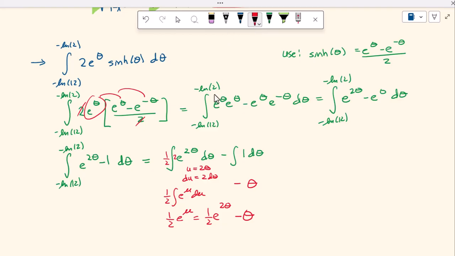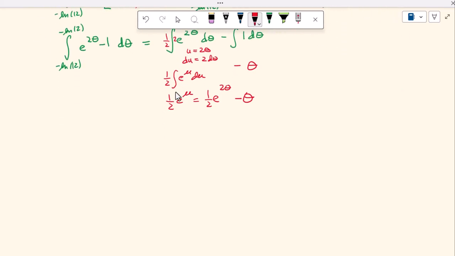Now I'm going to evaluate this. So again, most of this has just been some algebra, so this is some more algebra we're going to put on here. Minus theta evaluated from negative natural log of 12 to negative natural log of 2. Okay, so 1/2 e to the 2 times negative natural log of 2 minus a negative natural log of 2.